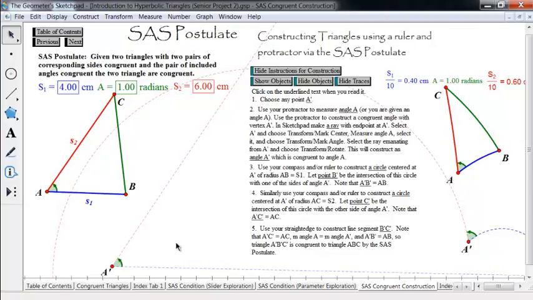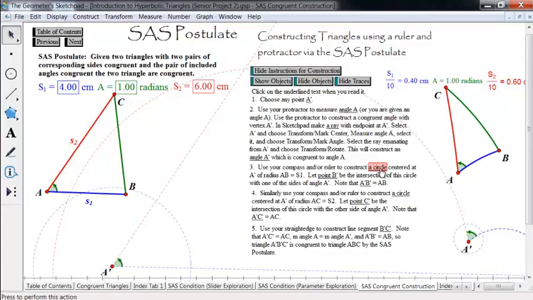Now notice this construction is going on in parallel over here on the left in Euclidean and over on the right in hyperbolic. Everything in this sketch is done that way, where you have a thing on the left, a thing on the right. One on the left is Euclidean, one on the right is hyperbolic.